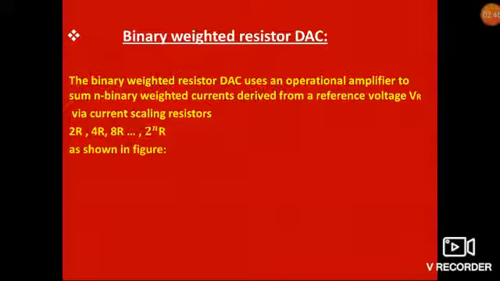The binary weighted resistor digital to analog conversion uses an operational amplifier to sum n binary weighted currents derived from a reference voltage via current scaling resistors. Example: 2R, 4R, 8R, and so on, as shown in the figure.